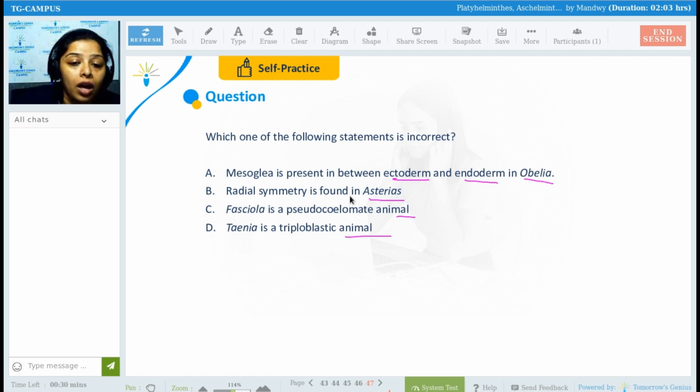What will be the answer? Radial symmetry is found in Asterias, are you sure?